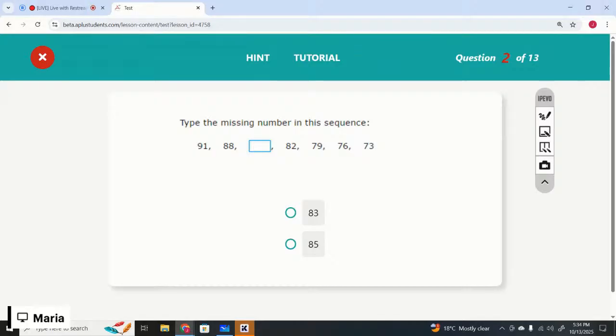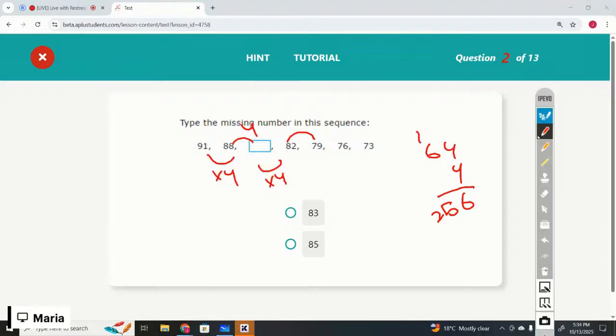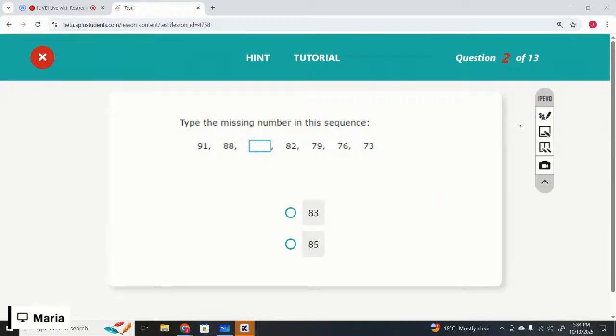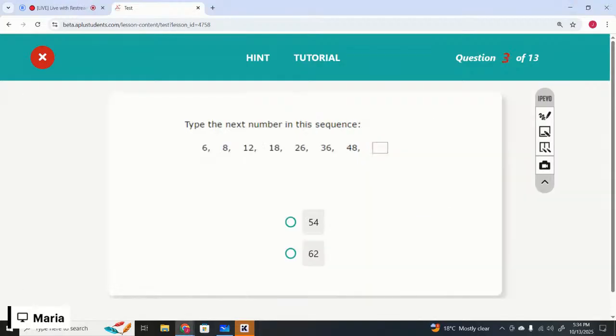That is just by 3. You just have to subtract 3. 88 minus 3 is 85. Option number 2 is the correct option. 85. Option number 2 is the correct option.